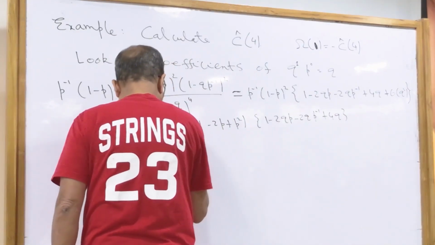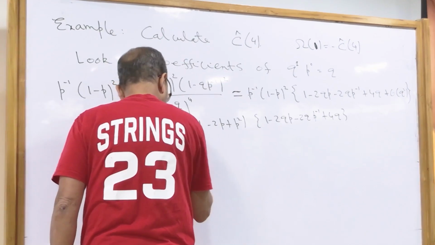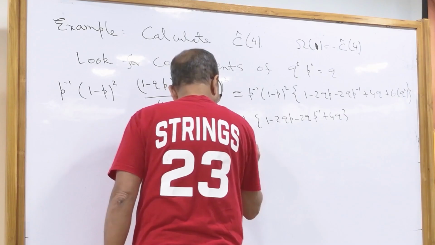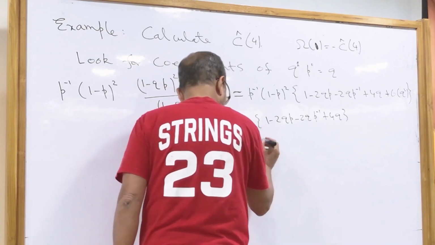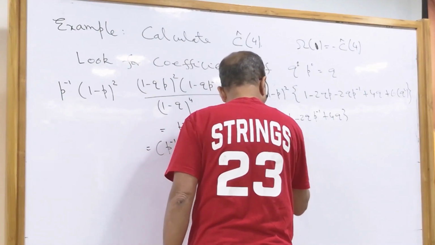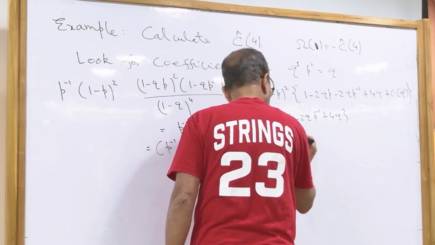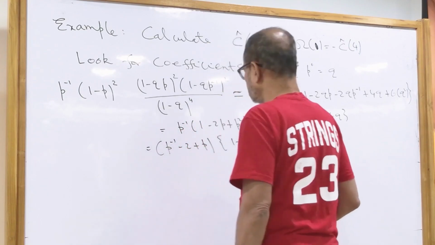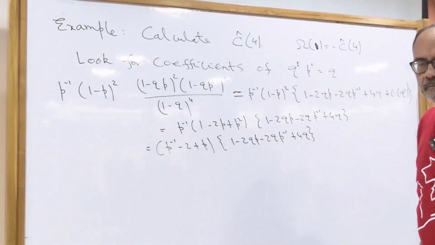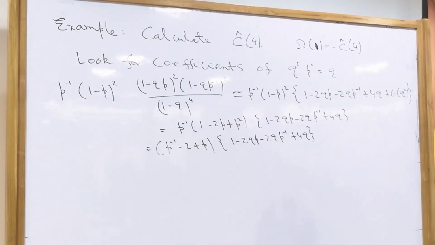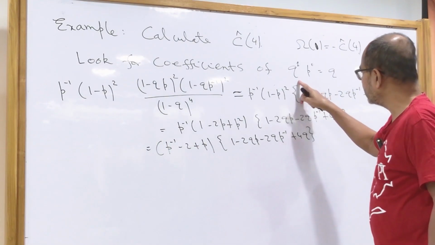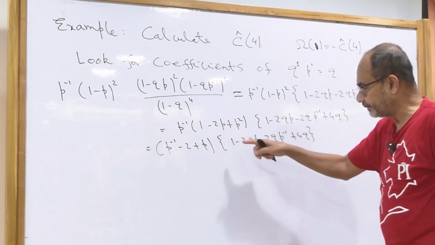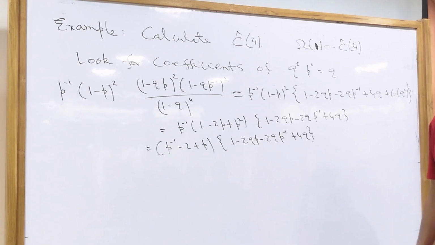And so let's write this as P inverse minus 2 plus P. And now we are looking for the coefficient of q to the 1, p to the 0, right? So I have to look for terms in this expansion which don't carry any power of p.